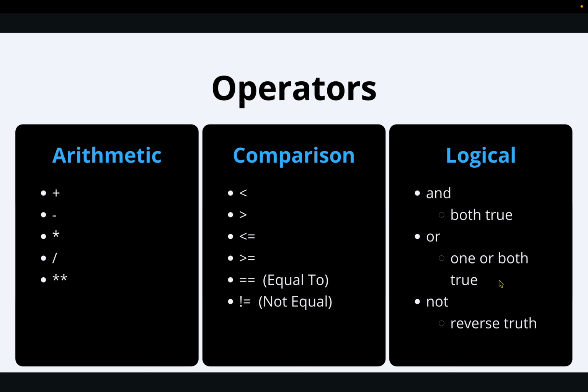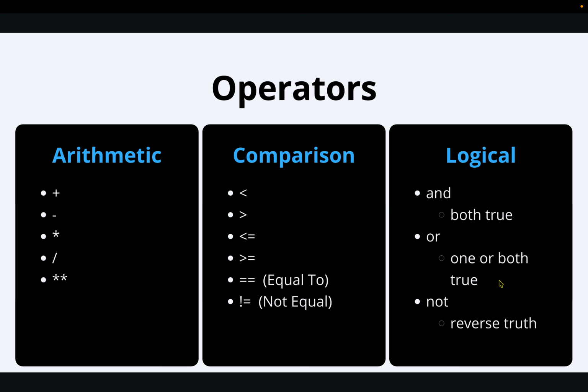And will do whatever your code is saying if both of the conditions you give are true. So for example, you could have 1 is equal to 1 and 1 is less than 10. Both are true, so whatever code you have written under there would run.